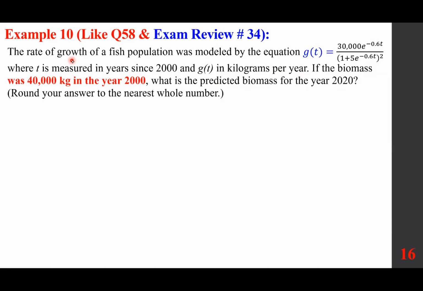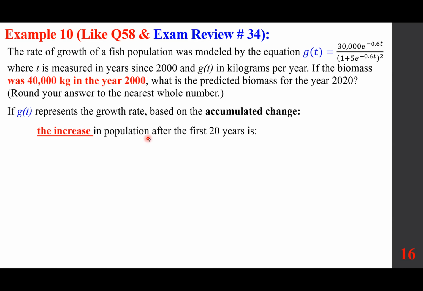And according to the net change theorem, or the accumulated change theorem, the amount of increase in the biomass after the 20 years (biomass, I would say, rather than population) is the integral of g of t from 0 to 20. So plug in g of t.